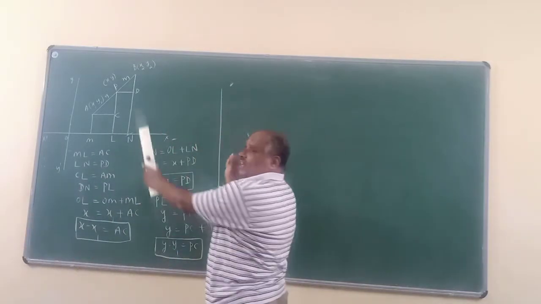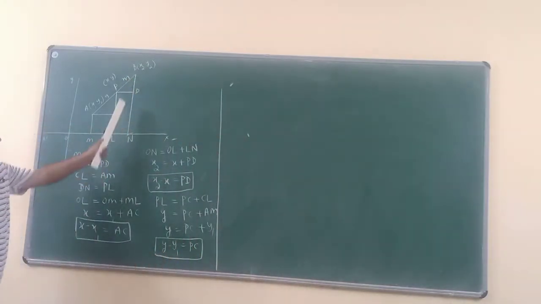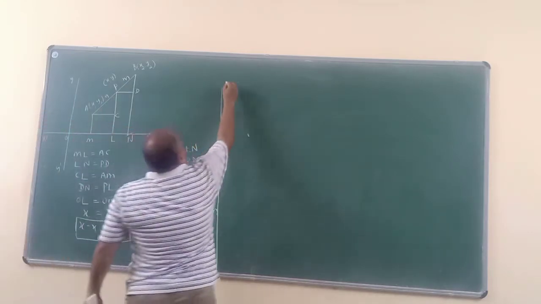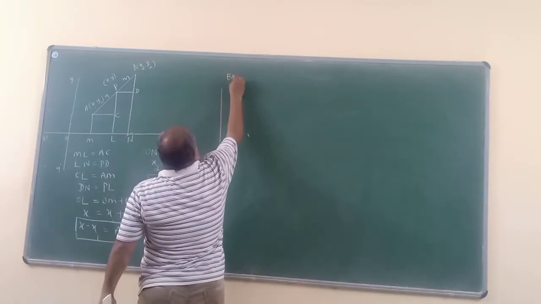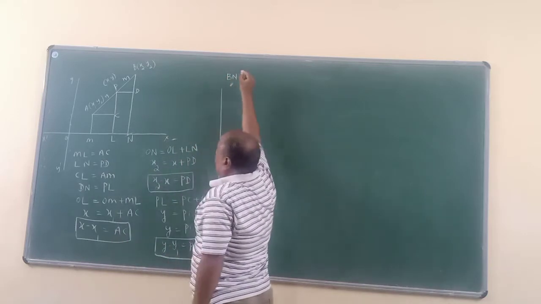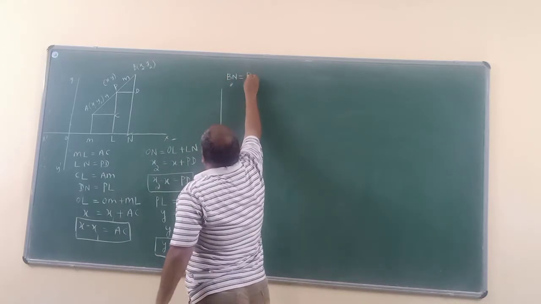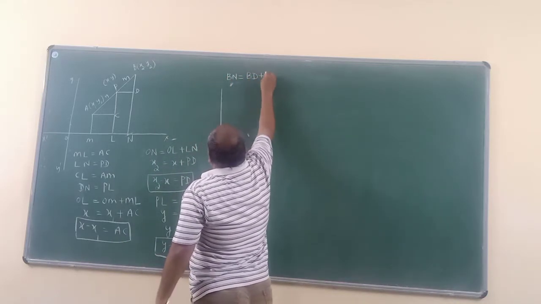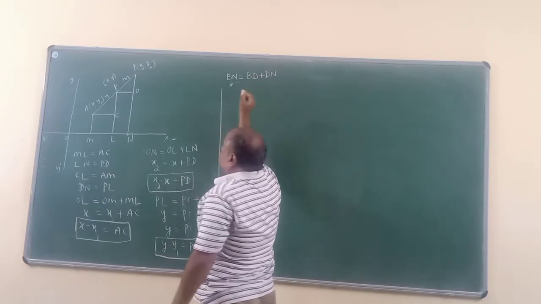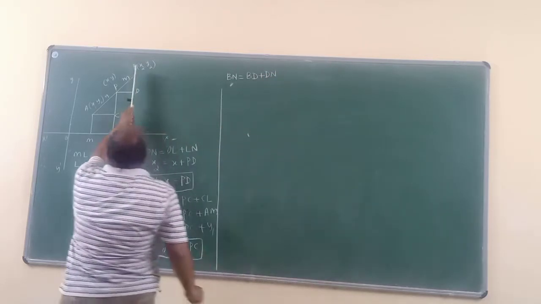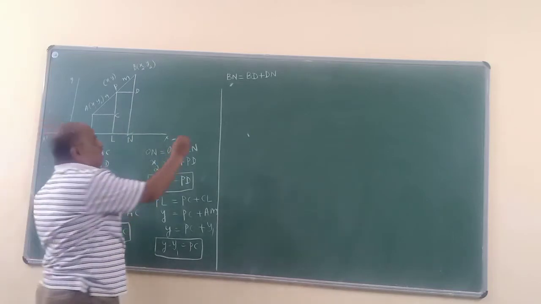Next, you want the length of BN. BN is equal to BD plus DN. BN is nothing but y2.